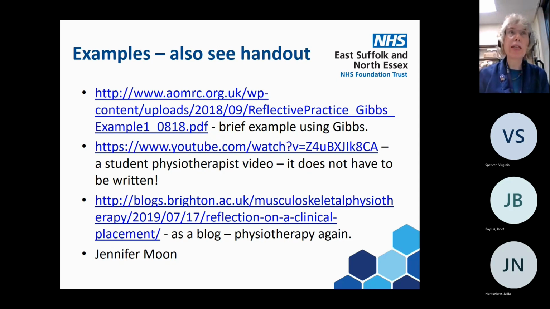She sees reflective practice in terms of a scenario in a park. And she also refers to things like Harry Potter and reflections in a bowl and things like that. So again, if today's or other models don't work for you, try Jennifer Moon. And she certainly offers scenarios that may not necessarily be specifically healthcare related.